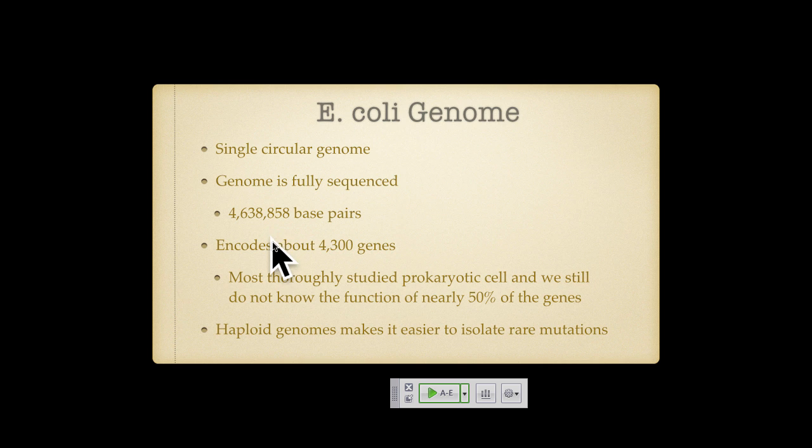There are 4,300 genes, and with all of this work, we still don't know what half of those genes do. In many cases, what's coming out of these studies is looking at the DNA sequences, beginning to predict what those genes might be, and then you can do a reverse genetics type approach. What I really want to make from this point is that even an organism as well studied and as simple as E. coli, half of those genes we still don't know what they do.